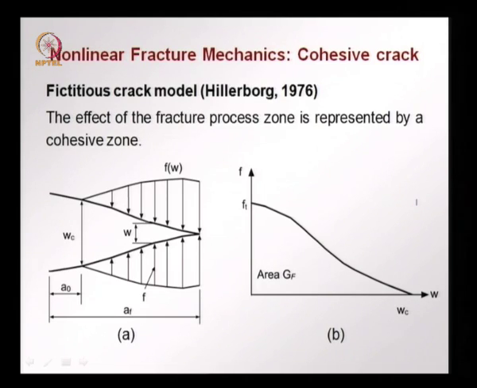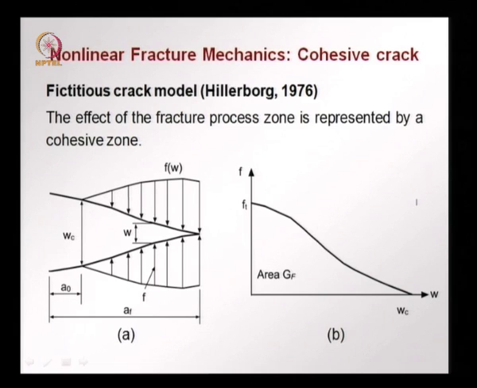A further extension of this model called the fictitious crack model was given by Hillerborg in 1976 with applications to concrete and other brittle materials. Here instead of a plastic zone, we saw that a fracture process zone forms. This is what we saw in the case of concrete.